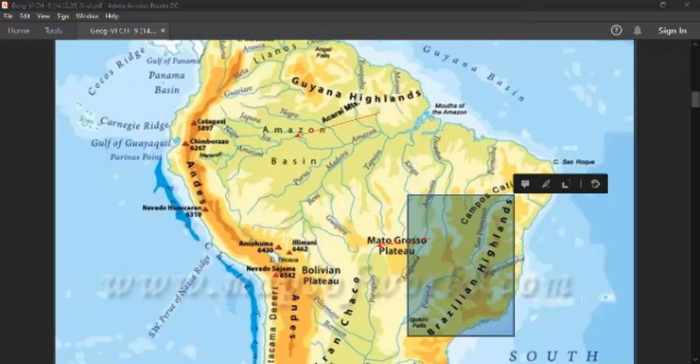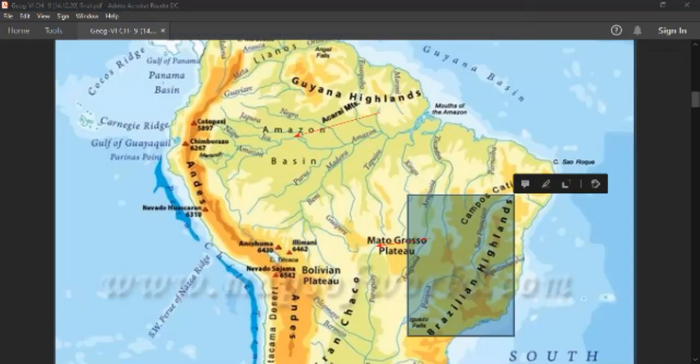They are much lower in height as compared to the Andes. They are composed of old hard rocks.